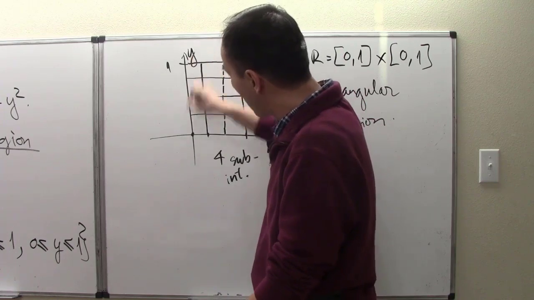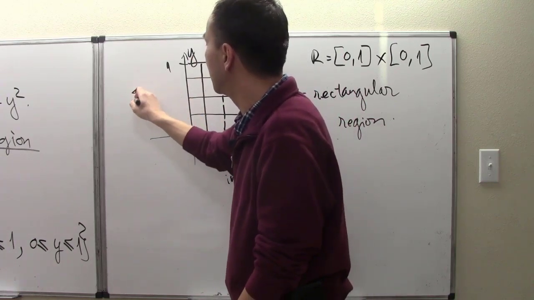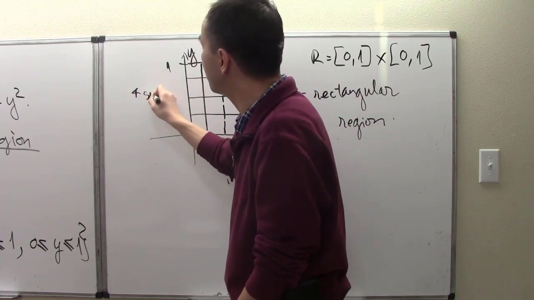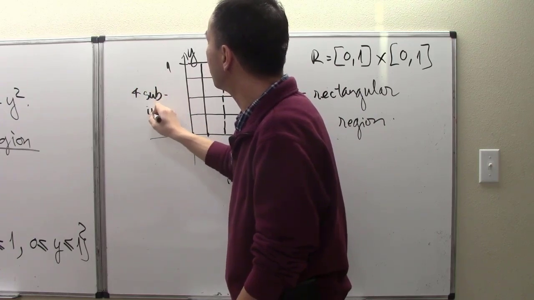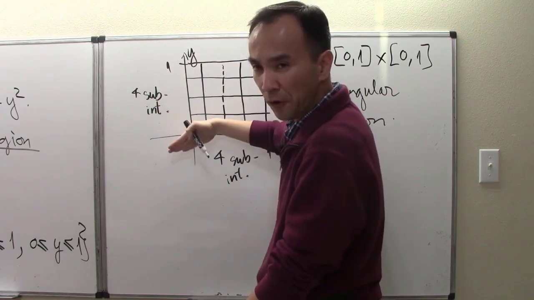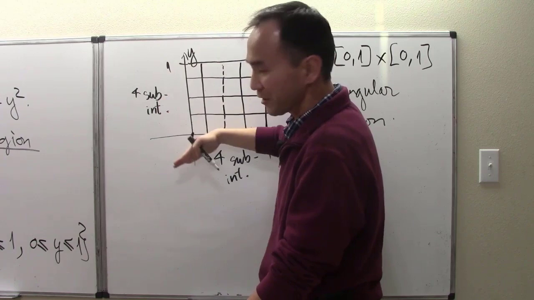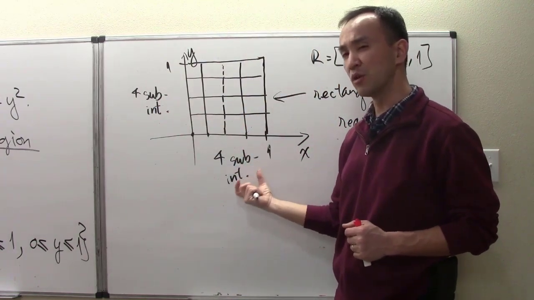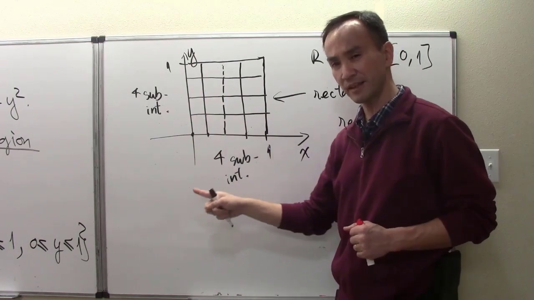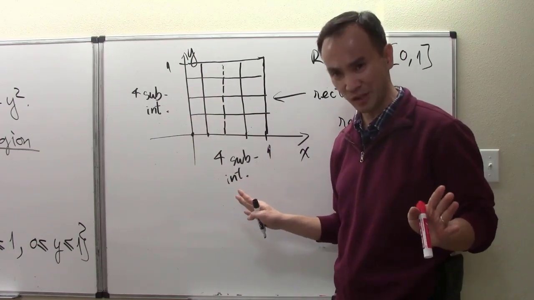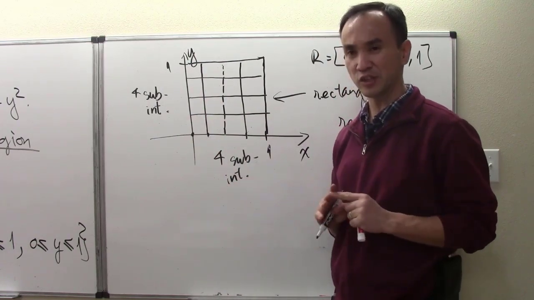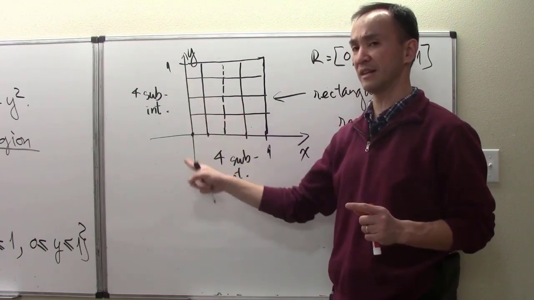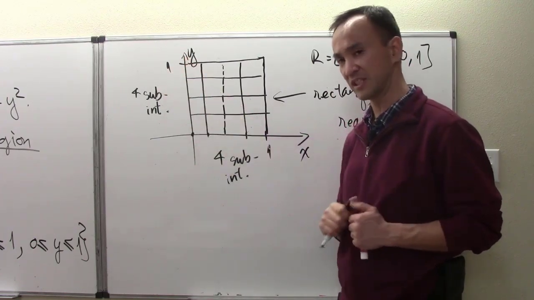So on the y-axis I'm doing the same, and to keep life simple we're going to divide it evenly, also 4 sub-intervals on the y-interval. So here I'm using an equal number of sub-intervals each way. That's just a choice, and we are allowed to do that, but as a generality it's not a requirement.